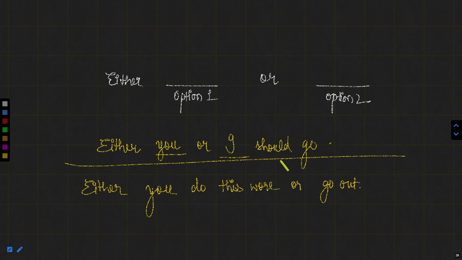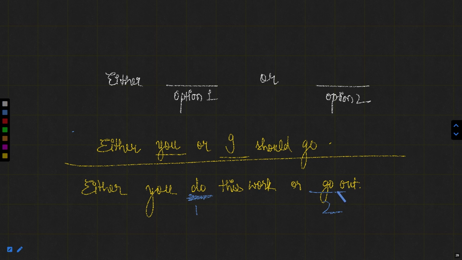Do you think that the sentence is correct? No, this is not correct. Why so? Because here it is written either you do this work or go out. Now, there are two options. So here we have only two actions. One option is do, and the other option is go.